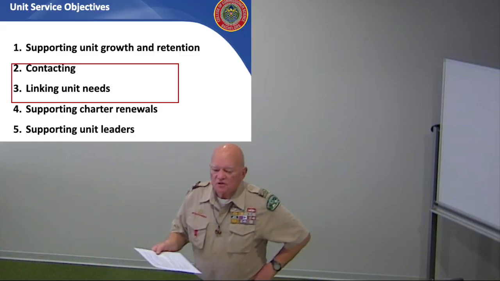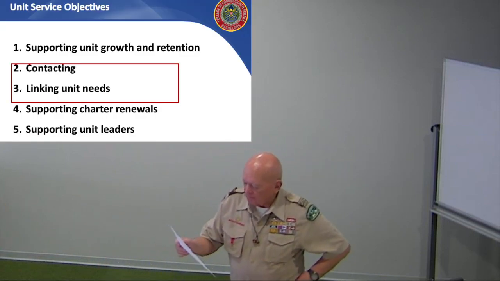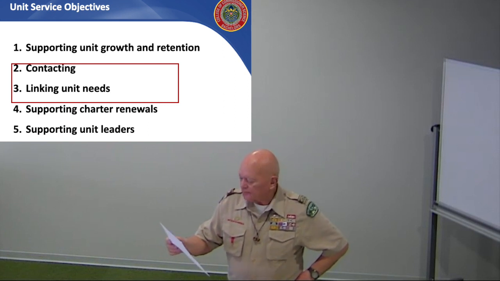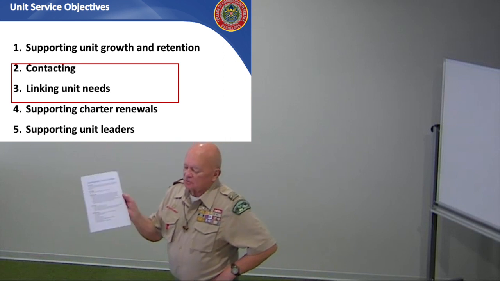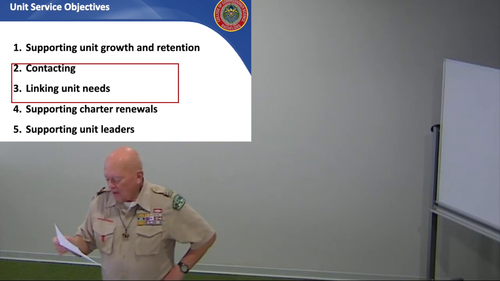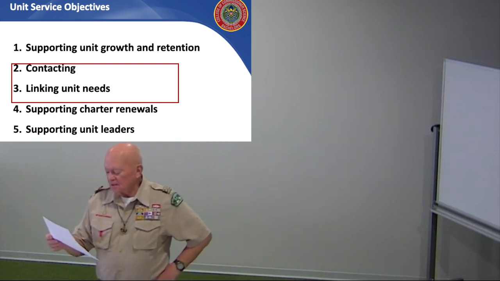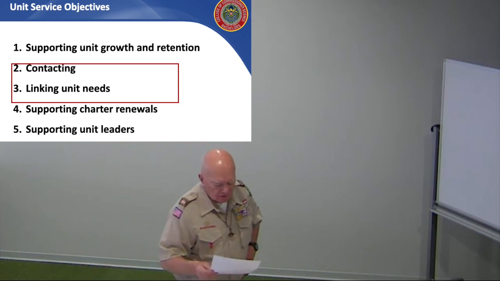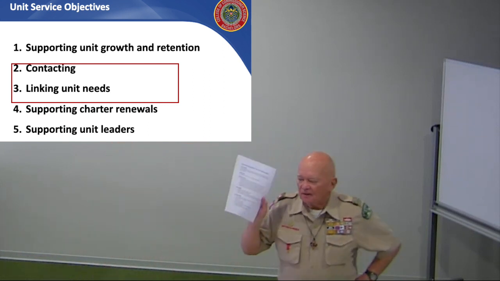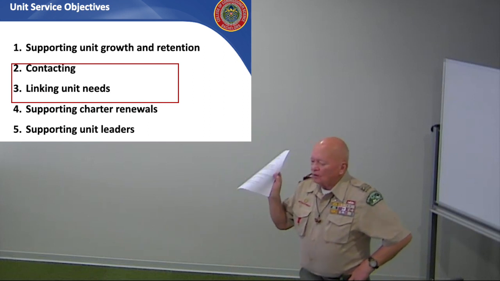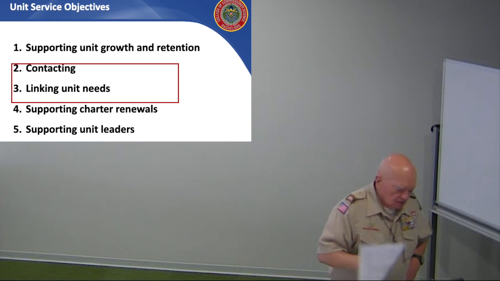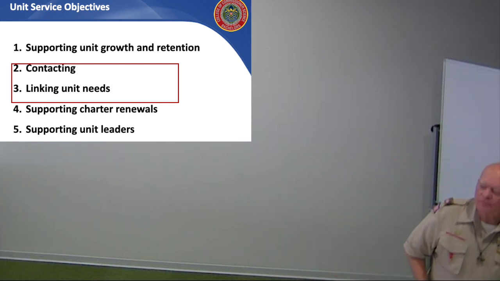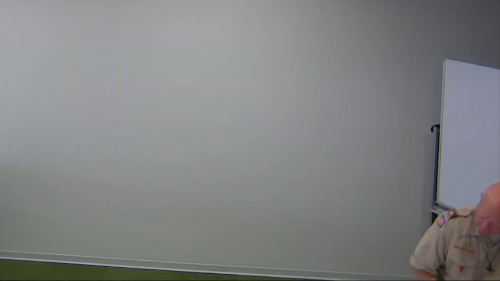Looking at the objectives, we're working on objectives 2 and 3: contacting units, capturing in commissioner tools their strengths, needs, and a unit service plan that enables continuing improvement, and linking unit needs to district operating committees and resources. So if you wonder what we're doing here today, we're working on numbers 2 and 3.